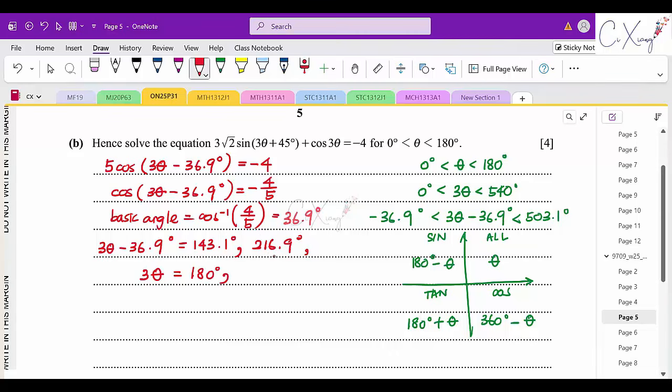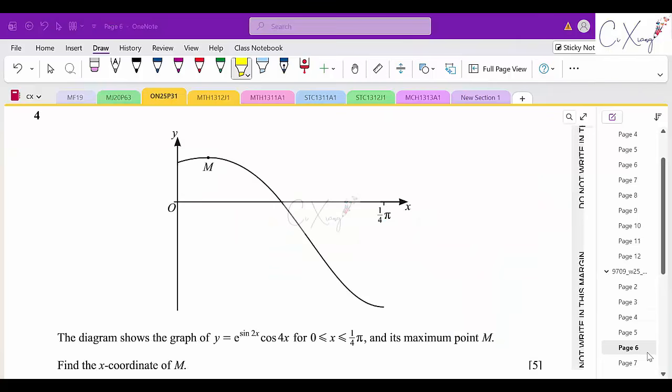Then 216.9 plus 36.9, you'll be having 253.8. Then of course, for your final answer, kindly divide it by 3. So you will get this answer. Theta equals 60 and also 84.6, correct to 1 decimal place for the angle in degrees. Right, so this is how we solve question number 3.